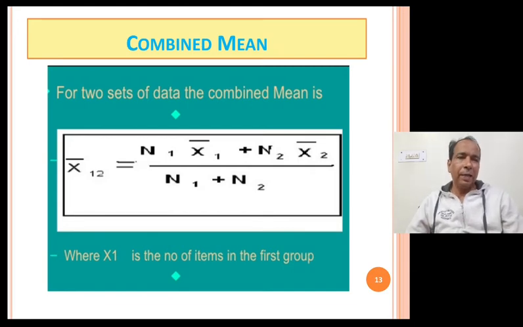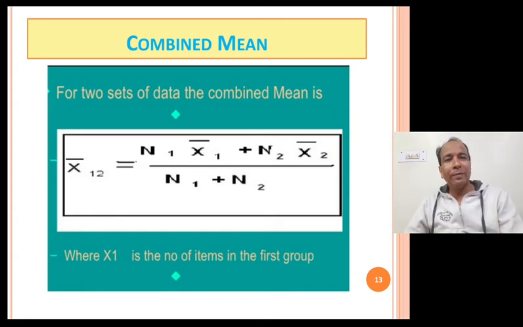For example, there are two classes in an institute of MBA students, section A and section B. The average age of students of section A is 23, and the number of students in section A is 60, whereas the average age of the students of section B is 24, and the students are 58. Now calculate the combined mean of all these management students of that institute.